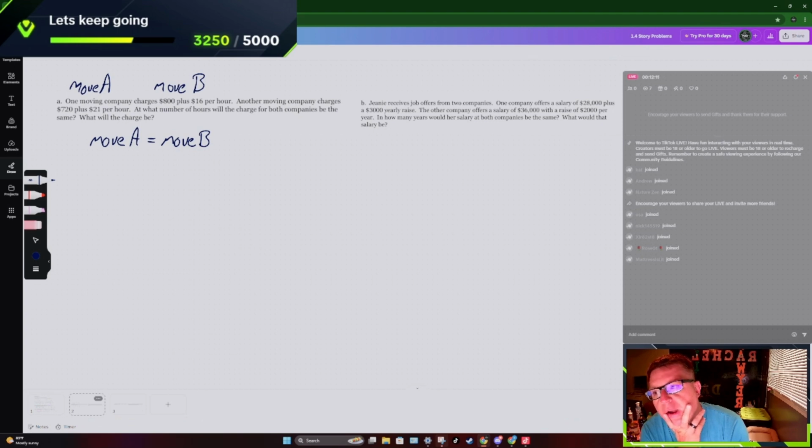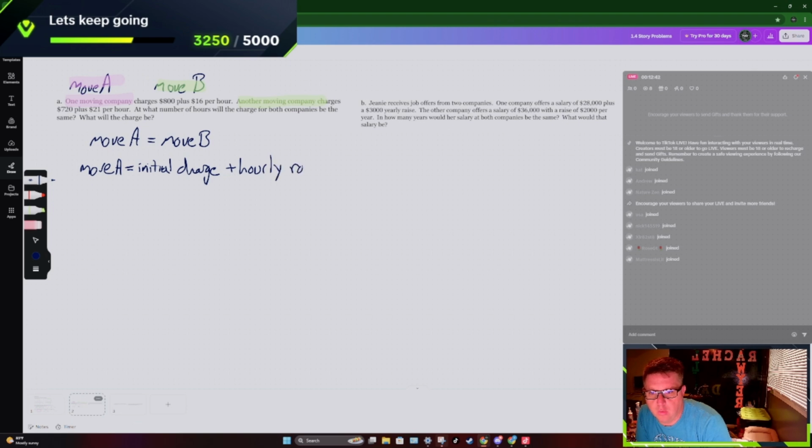So mover A, let's highlight this. So move A is going to be one moving company. And then move B is another moving company. Now, when we talk about moving companies, what we are going to get is an initial charge plus the hourly rate.